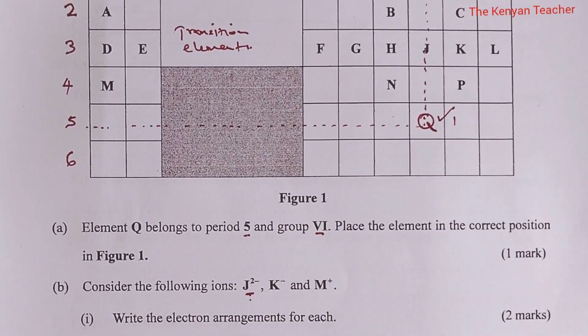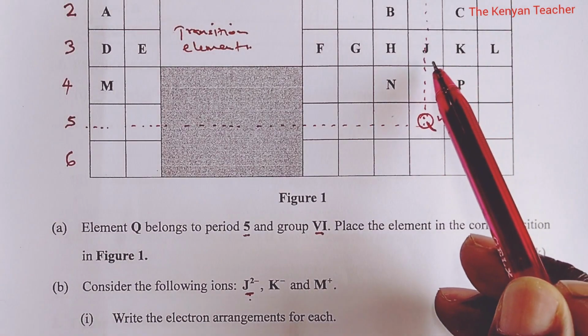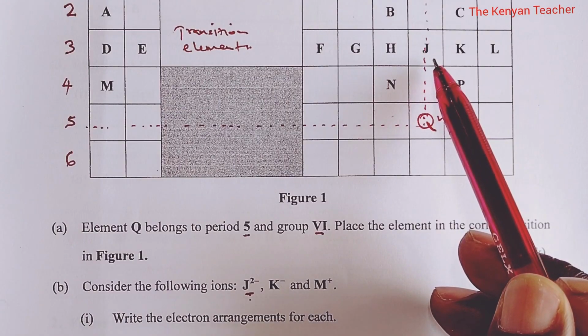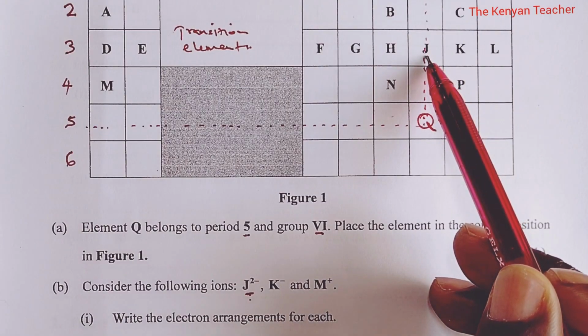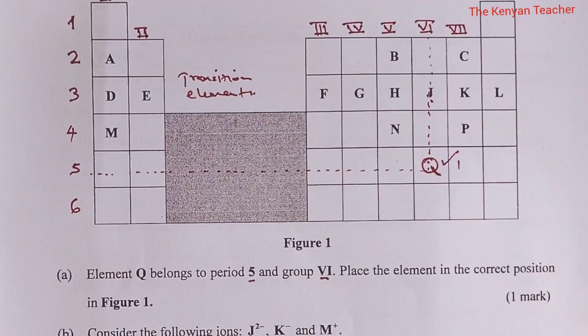I would want us to go back to the grid and see where the elements are before they form the ions. So J is here, and we needed to know its atomic number.